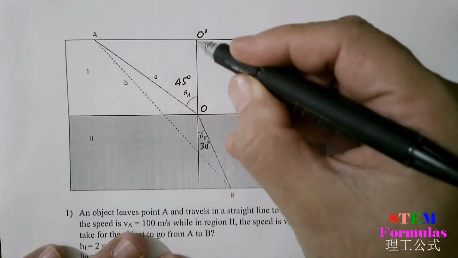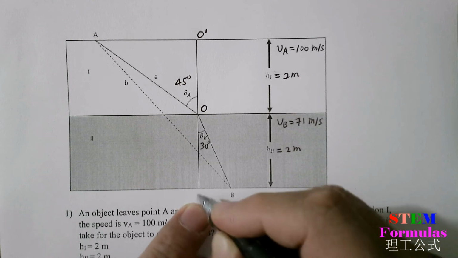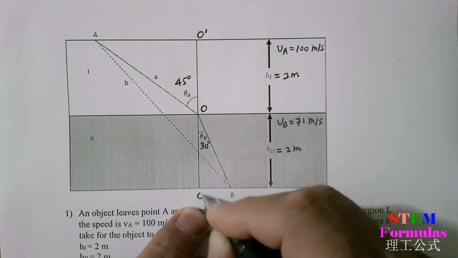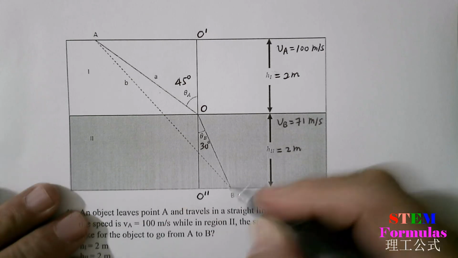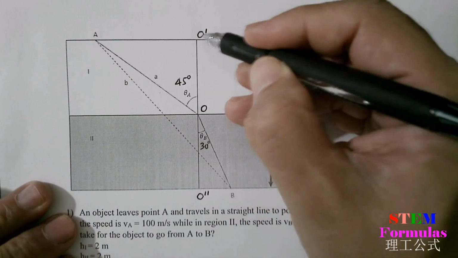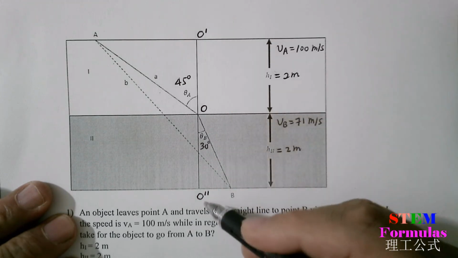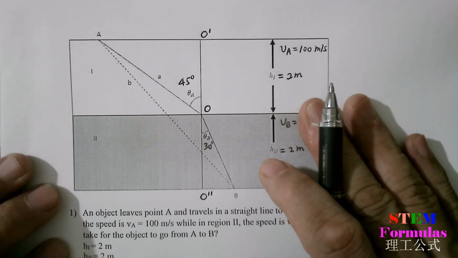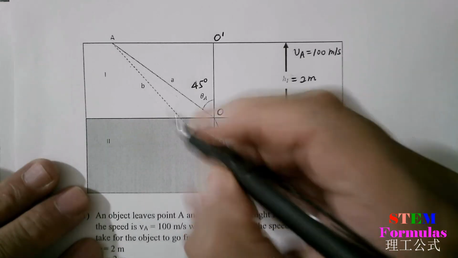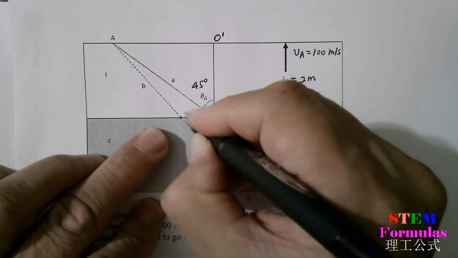And then this line to the bottom is O double prime. So I have O here, O prime, and O double prime. And this point, I label as point C.